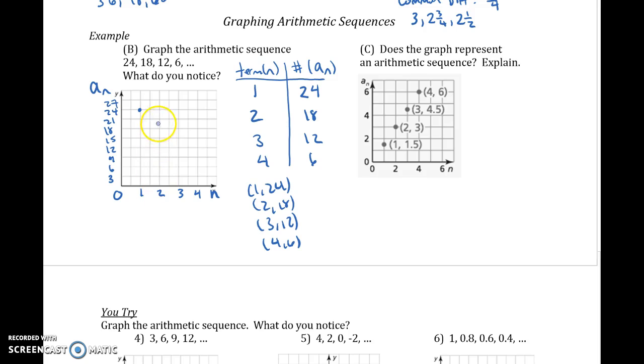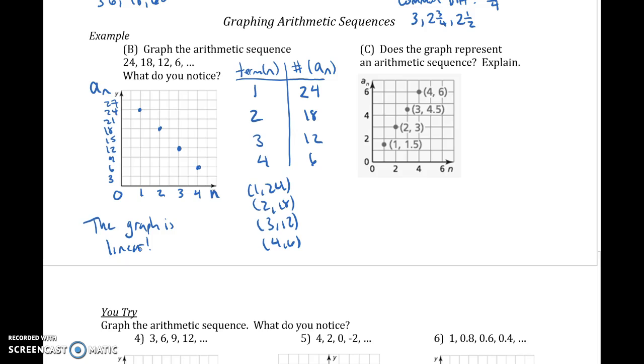And then we want to see, what do we notice with the graph of an arithmetic sequence? Well, this should look familiar, right? It creates a line, or the graph is linear. So that's a way to double check if something is arithmetic. Not only look for the common difference, but if you plot it, it should make a line.